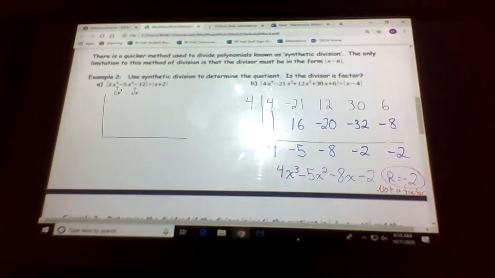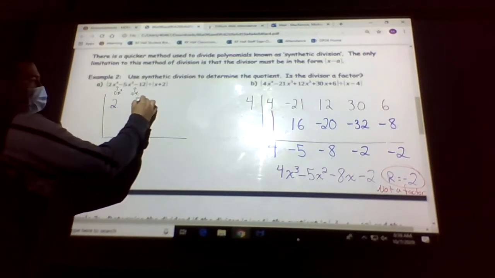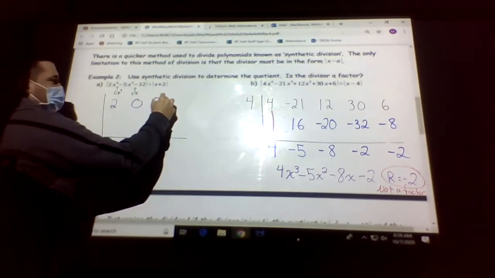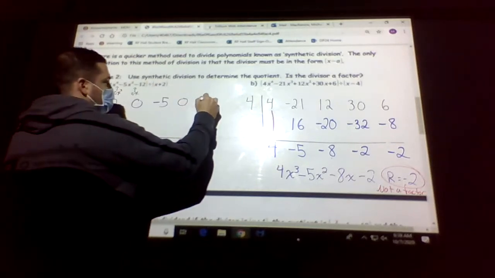So when we're writing out the numbers, we write 2, then 0, then negative 5, then 0 again, and minus 12.